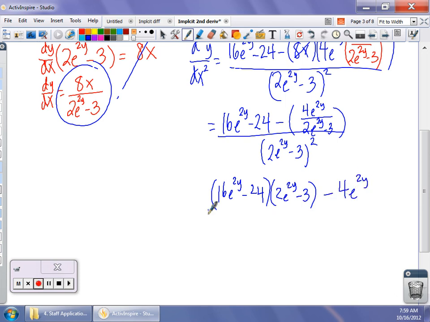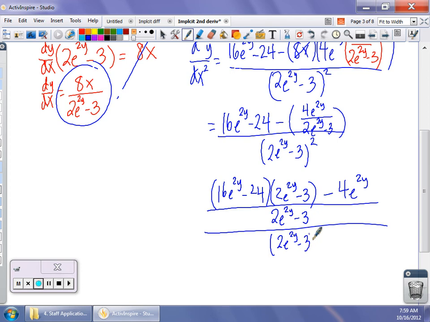And this is my numerator. It's all over 2e^(2y) minus 3, and that's over my big grand denominator of 2e^(2y) minus 3 squared.